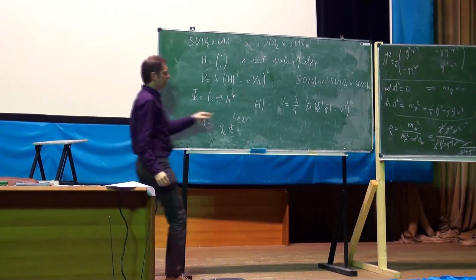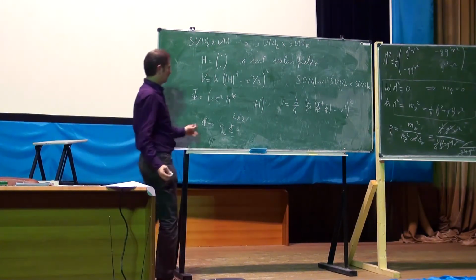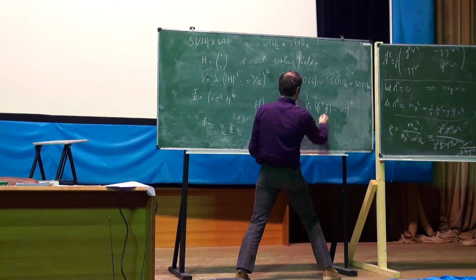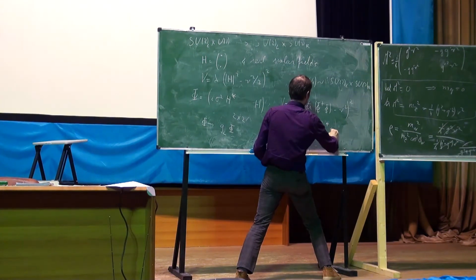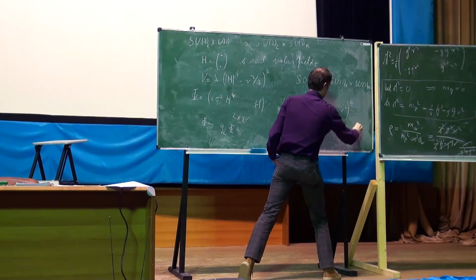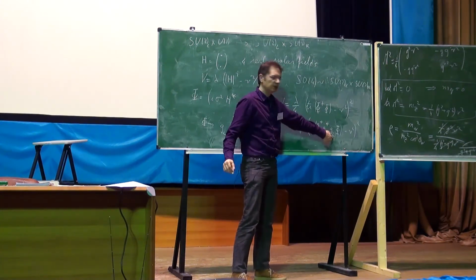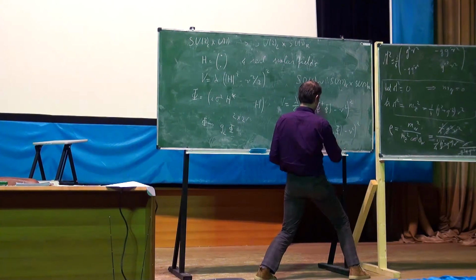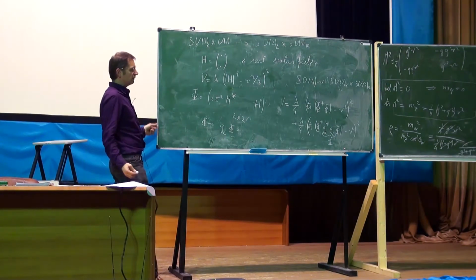By construction, this potential will be invariant, simply because the trace of phi dagger phi will transform as phi dagger g left dagger g left phi, minus v squared, which is constant, so it's invariant. And g left dagger g left is just the identity by the SU2 property.